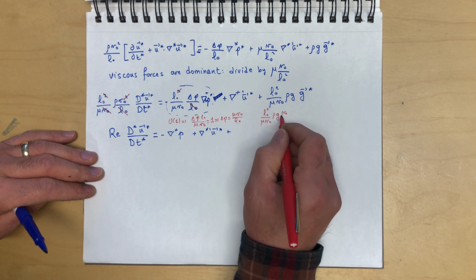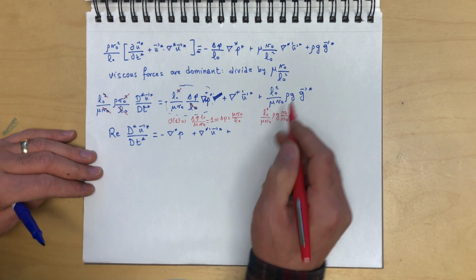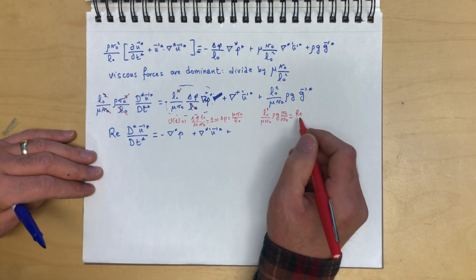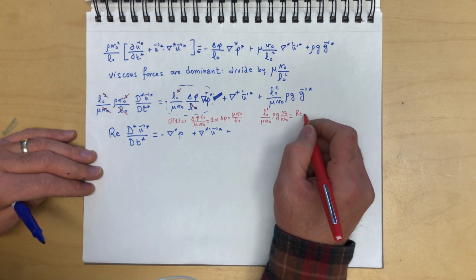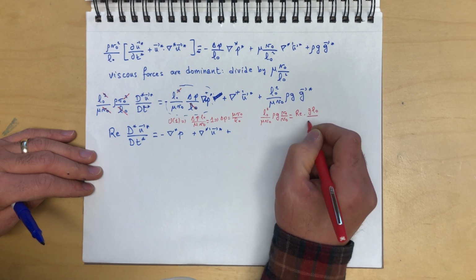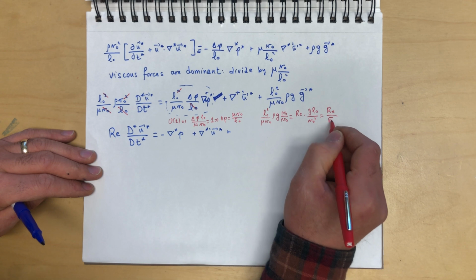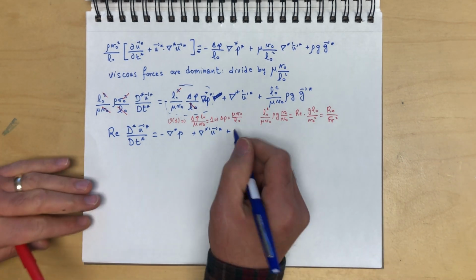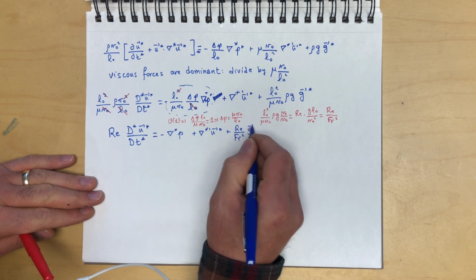So we're going to multiply by V0 and divide by V0. Now rho V0 L0 over mu gives us a Reynolds number, and what we're left with is G L0 over V0 squared, which is 1 over the Froude number squared. So that gives us Reynolds over Froude squared, over Froude squared, V star.